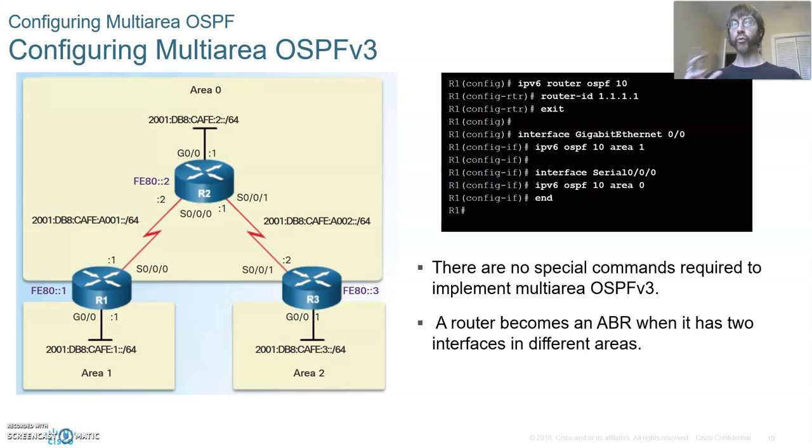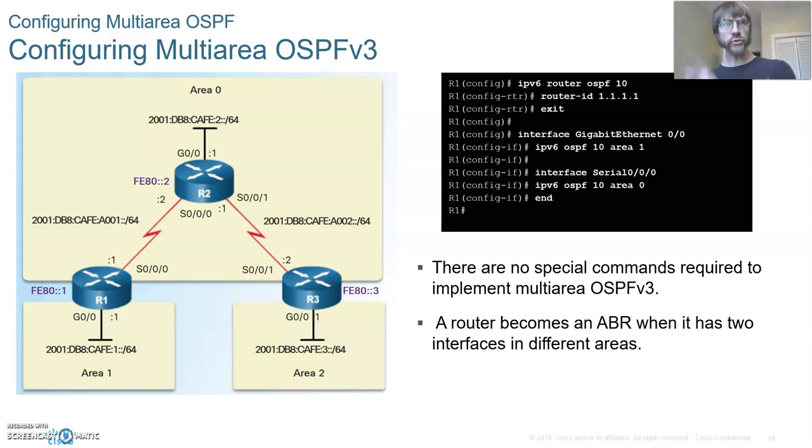This allows us to not worry about trying to type in all those long, complicated, easily typographically mistaken IPv6 prefixes. You don't even have to worry about prefix length. Is it a /64 or /48 or /52 or whatnot? No worries. Just go into the interface and tell it which process and area it belongs to. Say IPv6 OSPF 10 area 1 or IPv6 OSPF 10 area 0.